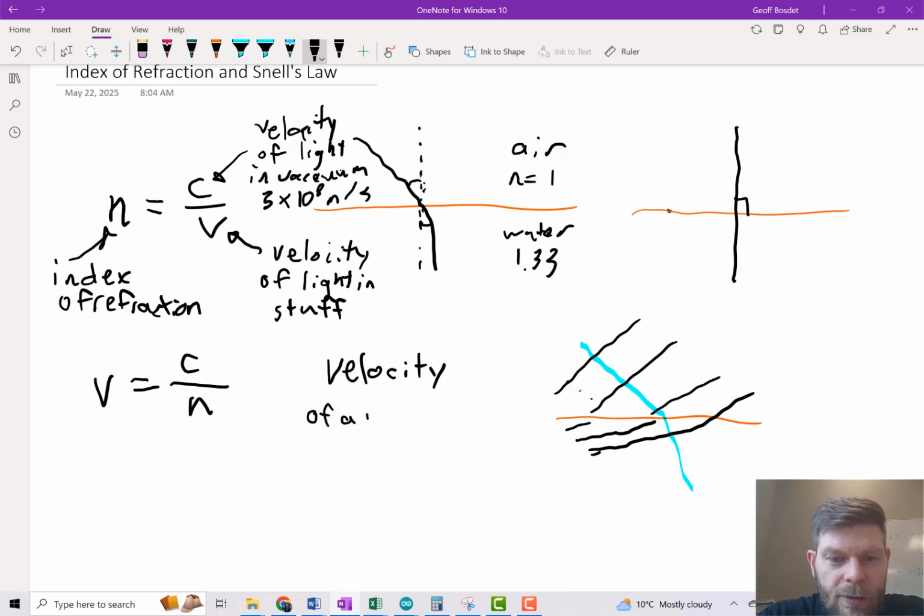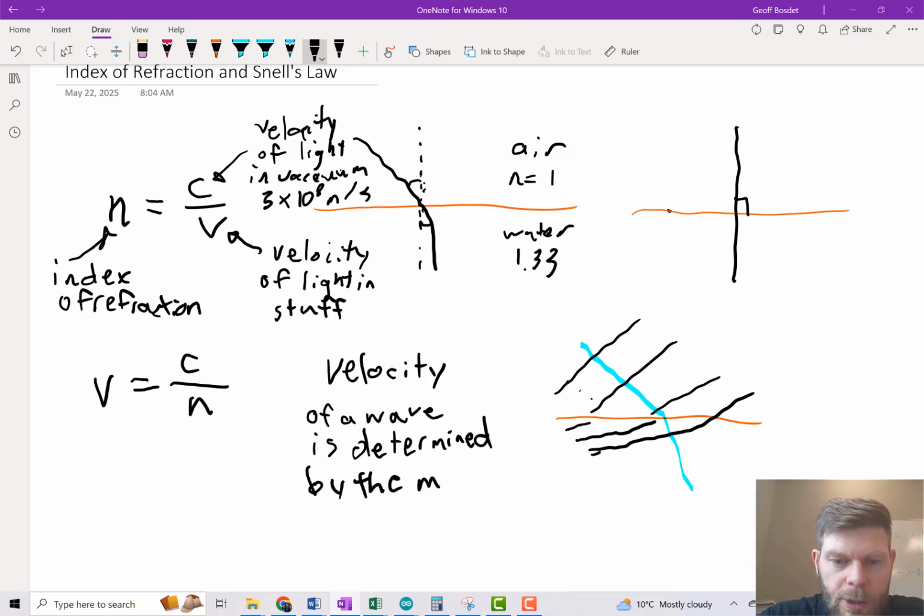So the velocity of a wave, any wave, is determined by the medium, the junk it's passing through. And this medium is just a fancy word for the stuff it's passing through. If this is air, the medium is air. If this is water, the medium is water. Medium could be a certain guitar string, could be air in this room, whatever. So for any wave, this might come up, make sure you know it.